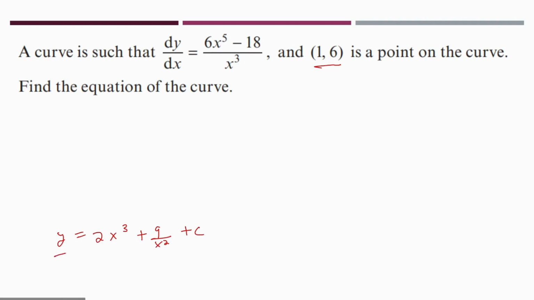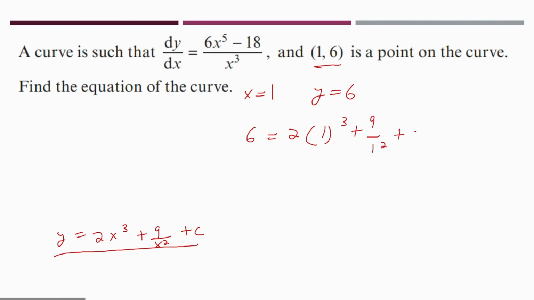Alright, so now we have our equation of the curve and we're going to use this. So it says that x is 1 and y is 6. We just have to input this back into the equation. 6 is equal to 2 into 1 cube plus 9 over 1 square plus c.